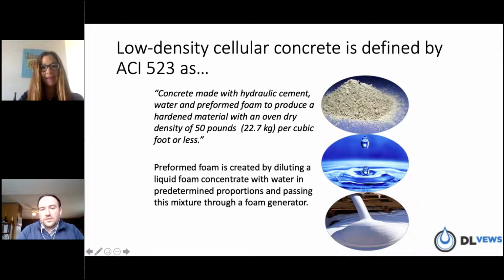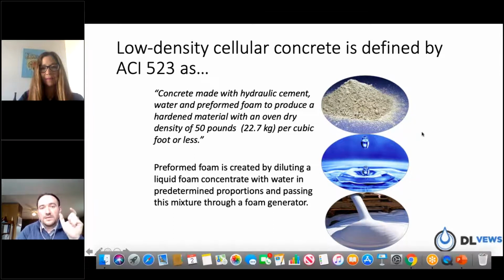And that air is created, you can see the shaving cream consistency on the bottom right picture there, through a liquid concentrate that gets blown through an air compressor after it's been diluted with water. So that creates the volume difference where normal concrete has stone and aggregate and sand in it sometimes, or flow fill has sand in it. That air is taking up those voids. It's a lot less.